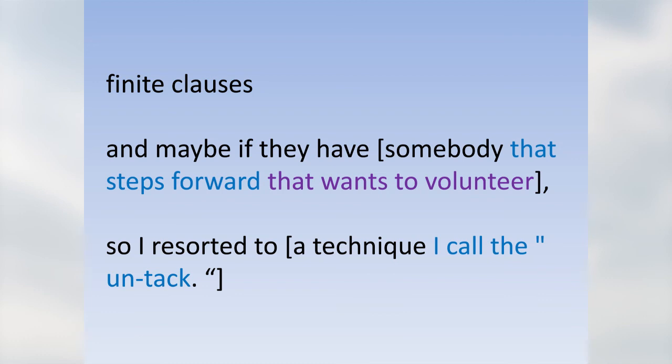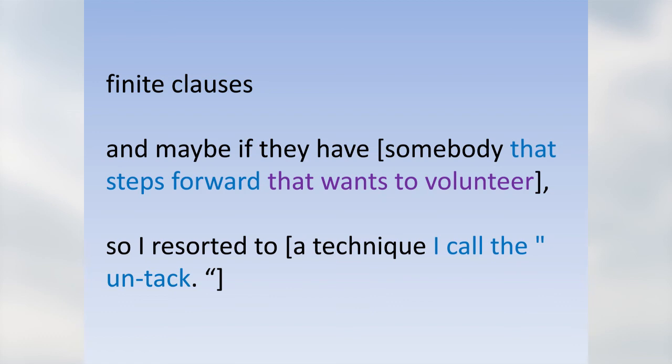Then there are two clauses, right? That steps forward is a clause. That is a subject, it's a pronoun. Steps forward, steps is a verb really. And forward is a complement. Don't worry about that. That steps forward. It's just like I step forward, right? It's a clause. And this one's kind of cool because there are two in a row. That wants to volunteer.